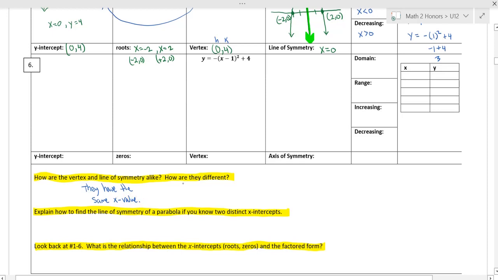How are they different? The vertex is a point. The line of symmetry is a line.